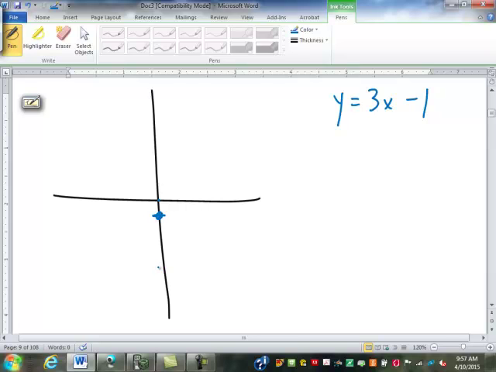My slope is 3, but I make that a fraction by making it 3 over 1. So from this starting point here, I go up 3 and over 1. I rose 1, 2, 3, and I ran 1. That's the second point of my line. My graph, my line goes through those 2 points, like that.